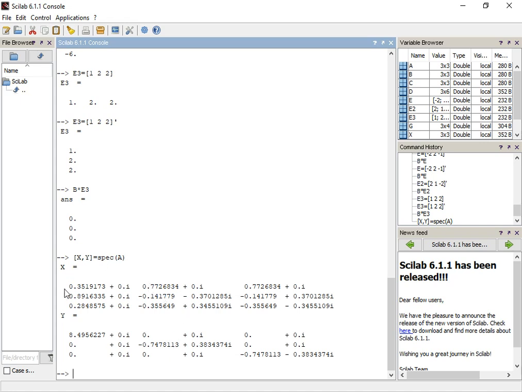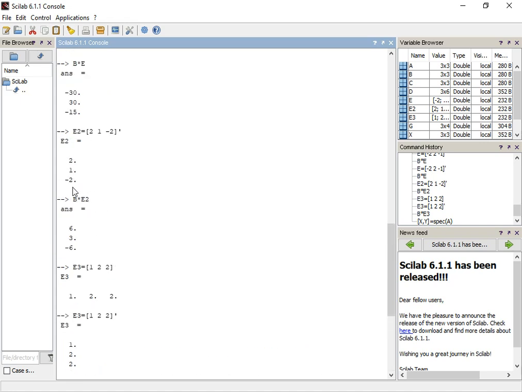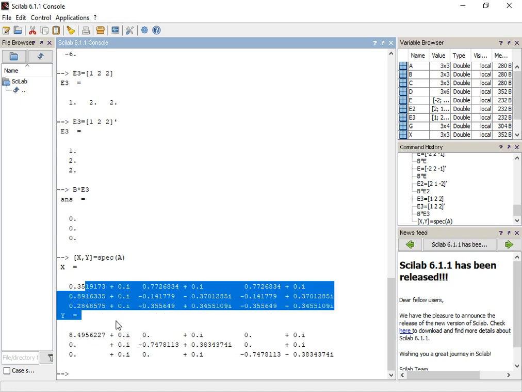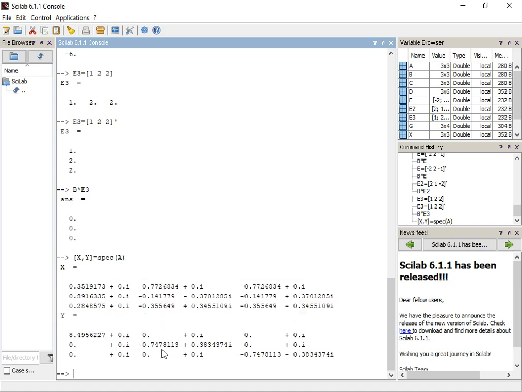Oh, it is in complex numbers, and I cannot find any pattern here. So I cannot write it in a nice fashion like 2, 1, minus 2. But of course these are the eigenvalues and corresponding eigenvectors. This is the eigenvalue and this is the corresponding eigenvector: the first column is for the first, the second column for the second, and the third column for the third.